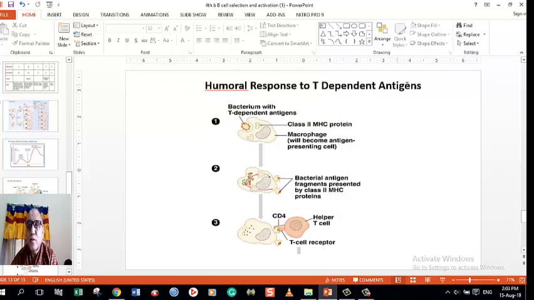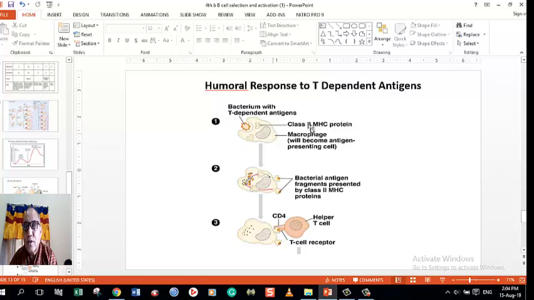Right now, the humoral response to the T dependent antigens. What I'm saying is how the humoral antibodies are being produced with the help of T cells. So for T dependent antigens, for example, if the bacteria infects the macrophage, you know that macrophage is an antigen presenting cell, so it will have MHC2 protein on its surface.